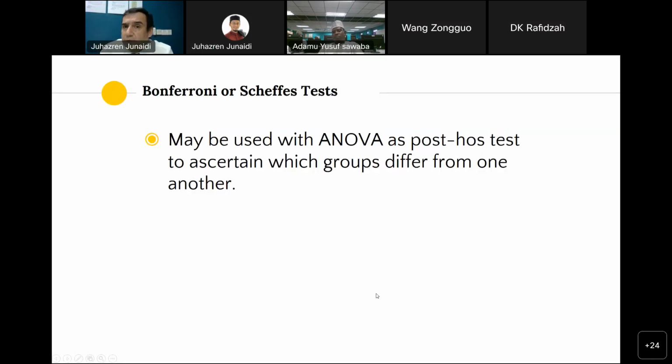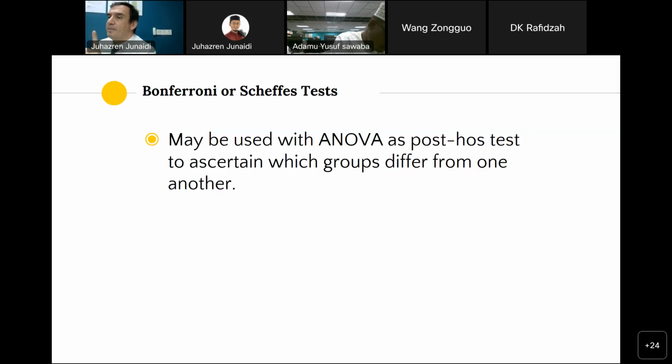Then we have the Bonferroni or Scheffé's test. If you are using ANOVA, it means you have three or more groups, okay? The ANOVA test will tell you if at least one of the means is different, but it will not tell you which ones are different.